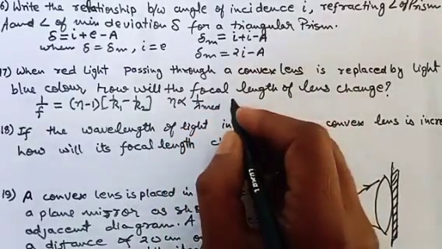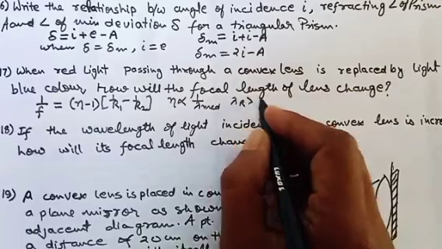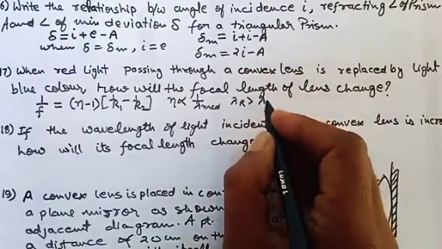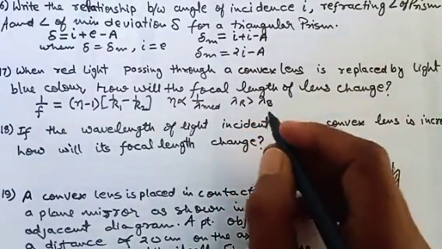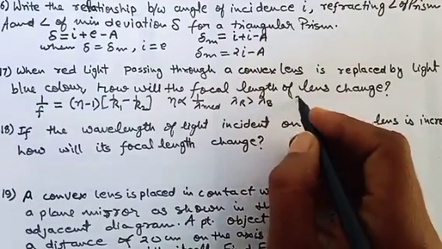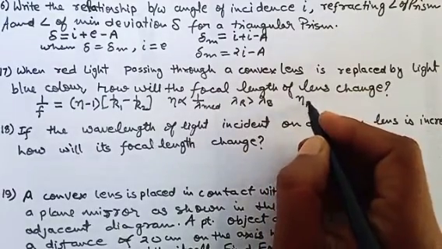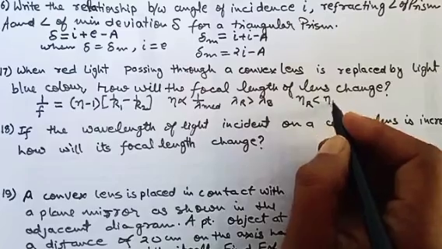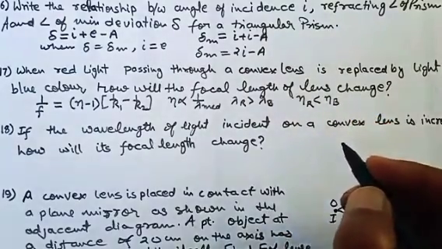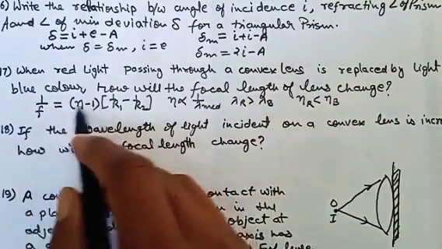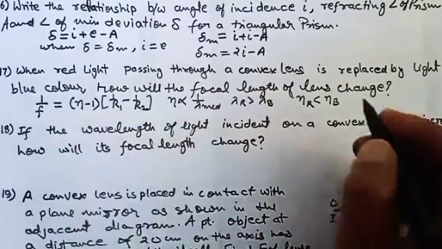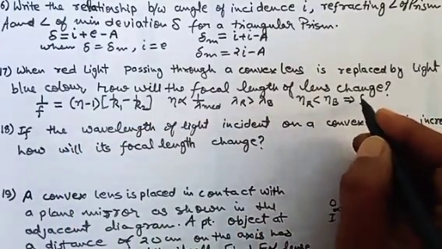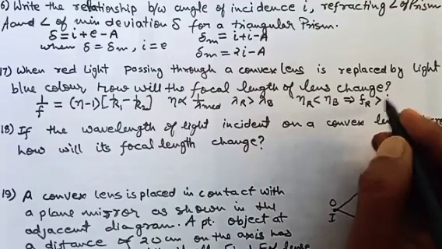And also we know that lambda of red is greater than lambda of violet or blue. Here blue is asked, so we'll write it like this. It means eta for red is less than eta for blue. And according to this relation, we can say this implies that focal length for red is greater than focal length for violet.